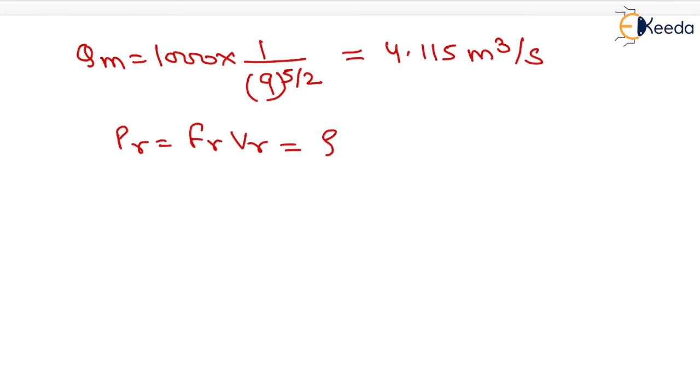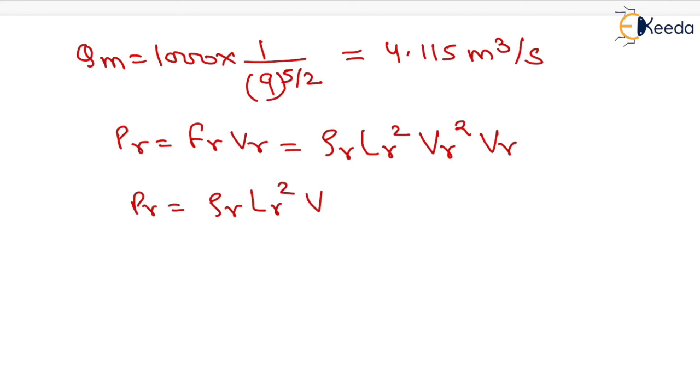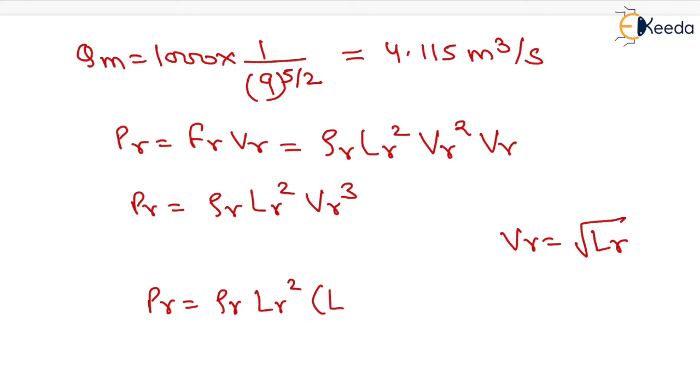So Pr will be equal to Fr into Vr. So it will be equal to rho r into Lr square into Vr square into Vr, so it will be equal to rho r into Lr square into Vr cube. Now we know that Vr will be equal to under root of Lr. So Pr will be equal to rho r into Lr square into Lr to the power 3/2.